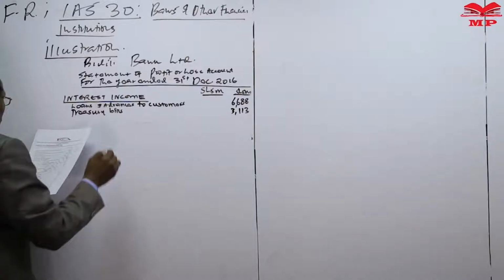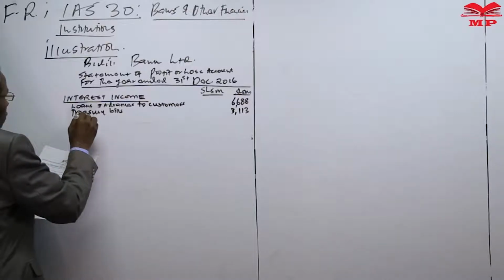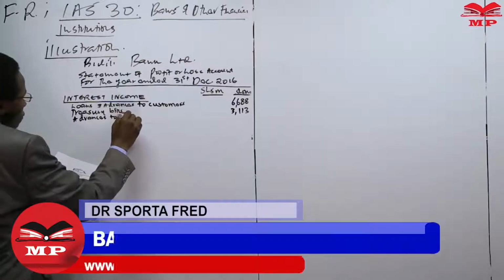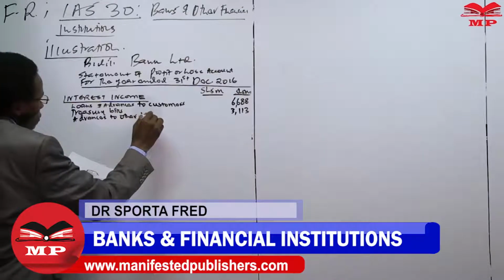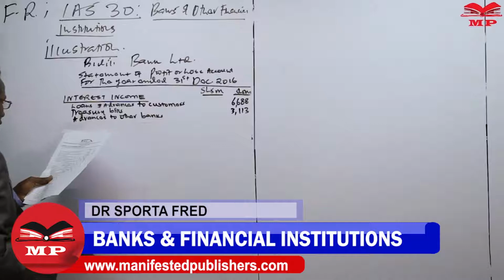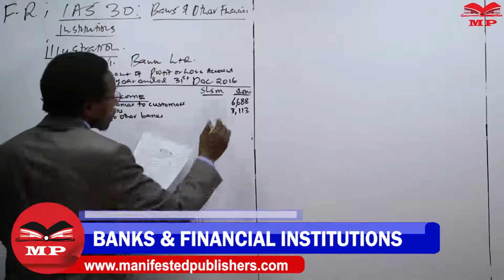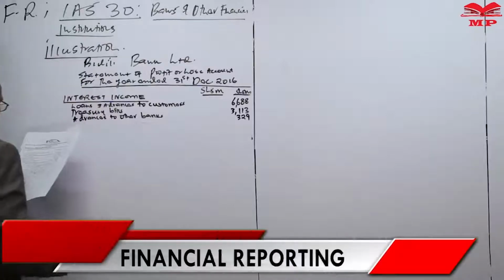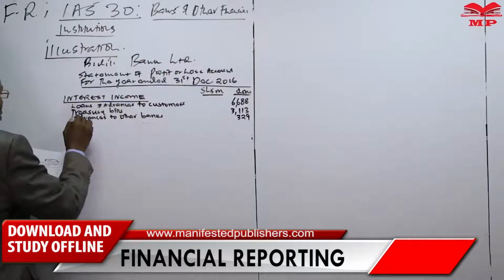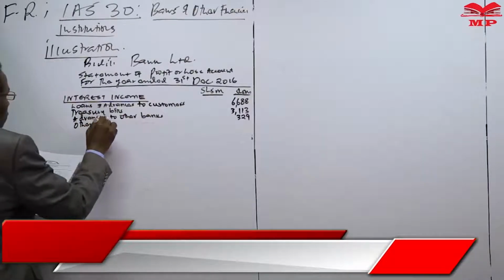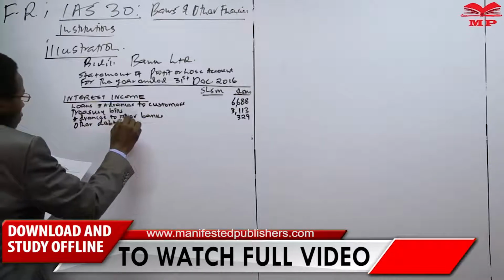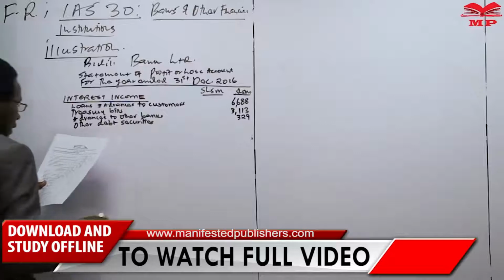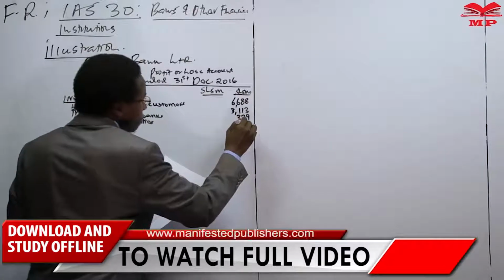Then we have advances to other banks, we have 329. Other debt securities, then there is 120.